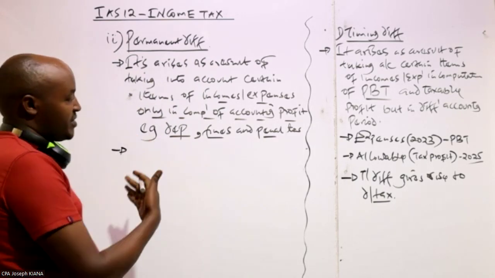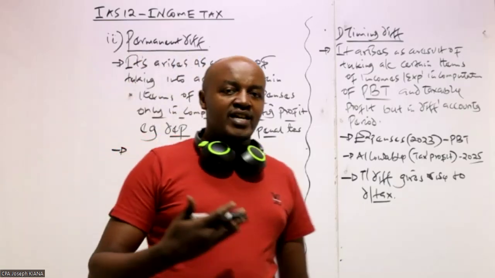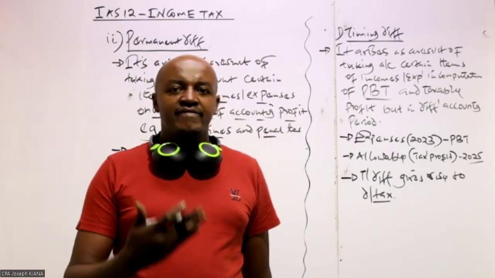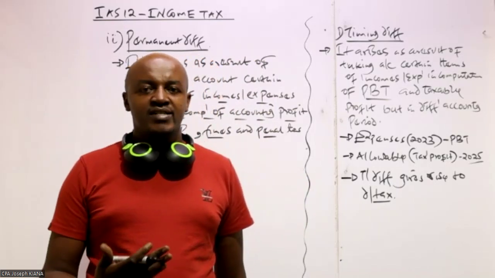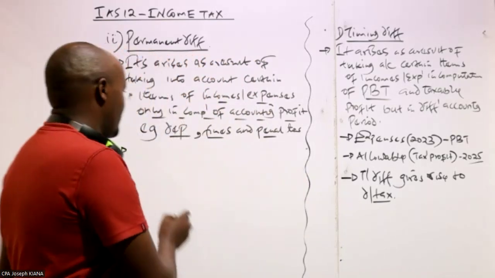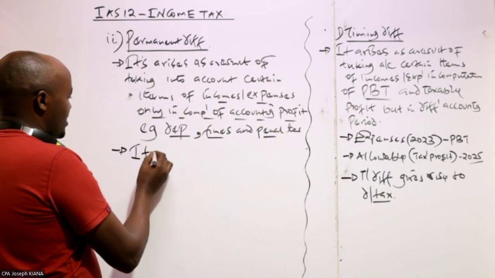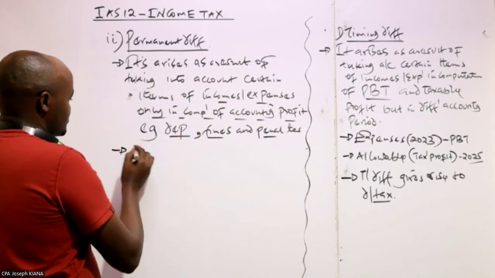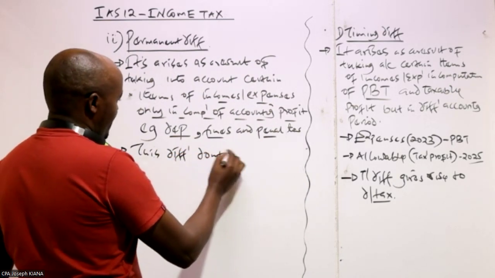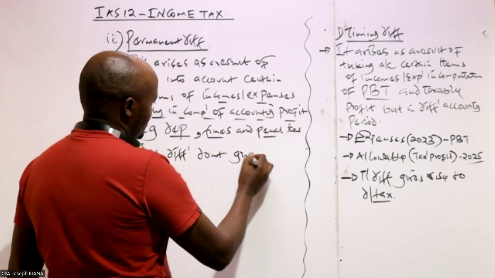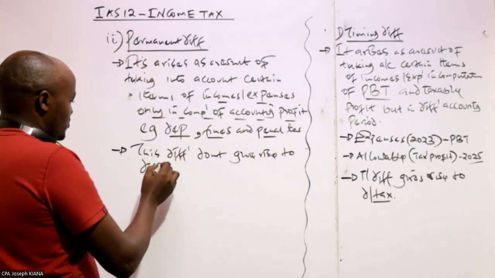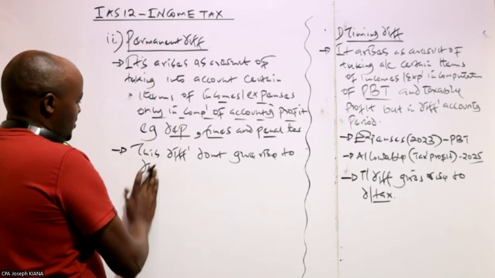And actually, we say that this particular difference, the permanent difference, only occurs in a certain financial year, and therefore, this difference, unlike the timing difference, does not give rise to deferred tax. So therefore, you can say this difference does not give rise to deferred tax.